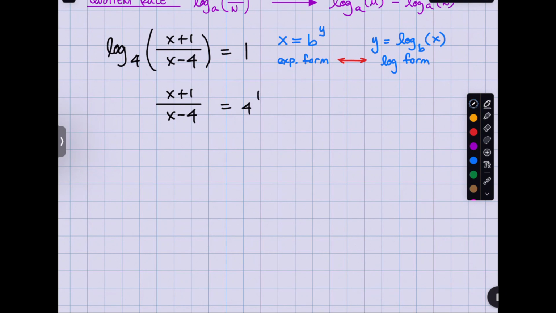Yes or no? That's the exponent form. The base moves to the other side. That's the base, right? How would you solve that? Solve for x. How? You can get common denominator.